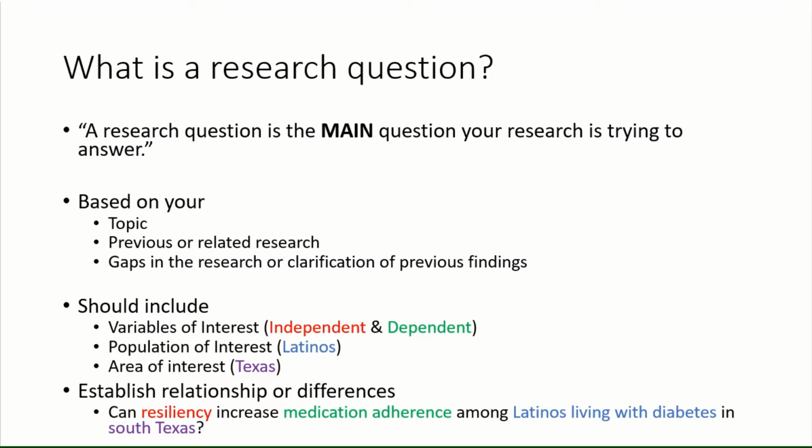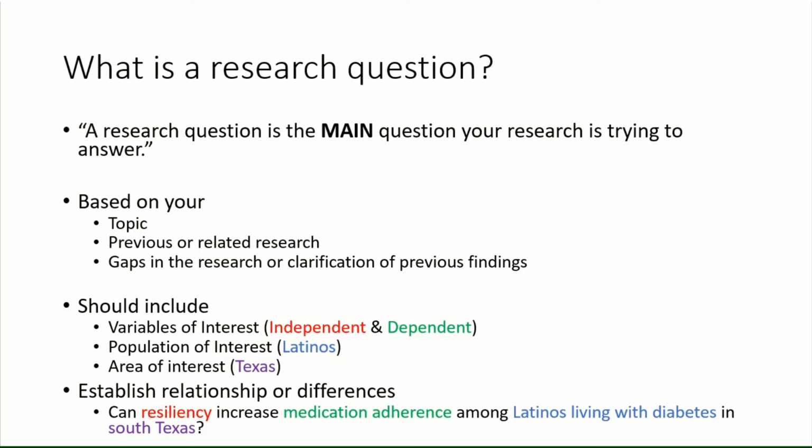I say related research because some studies are pretty novel and there's no background information, so you have to use something related in a different field or a different topic to make your argument for your research. And the last criteria that is needed is the gaps in the research or clarification of previous findings. So traditionally, when you conduct research, you try to fulfill a gap that previous research has not done.